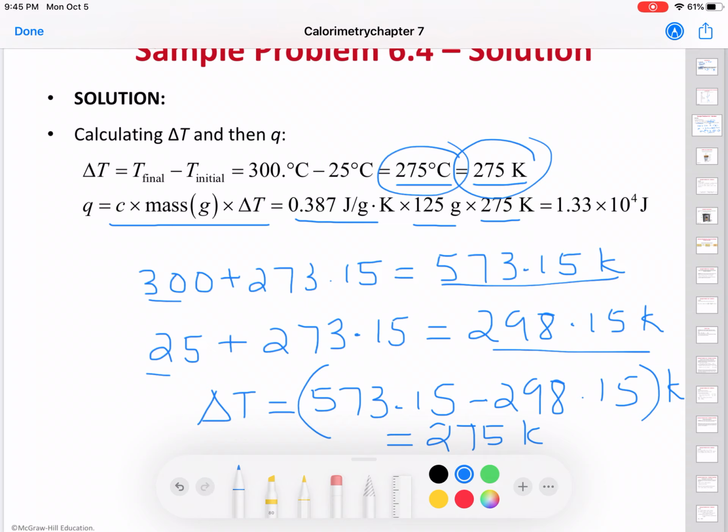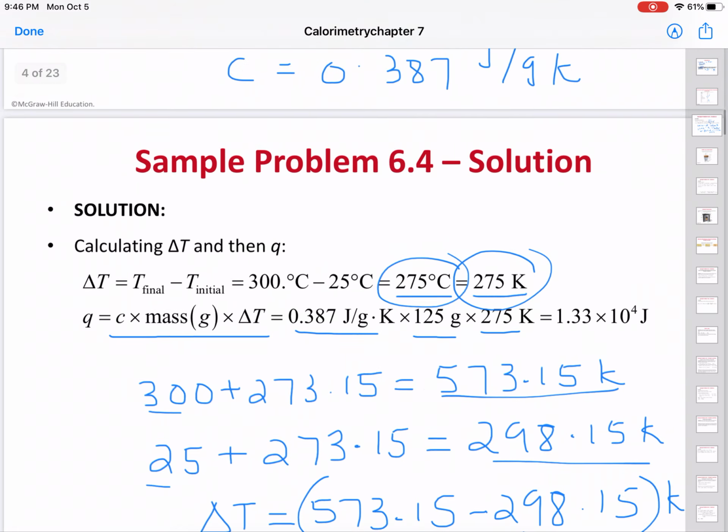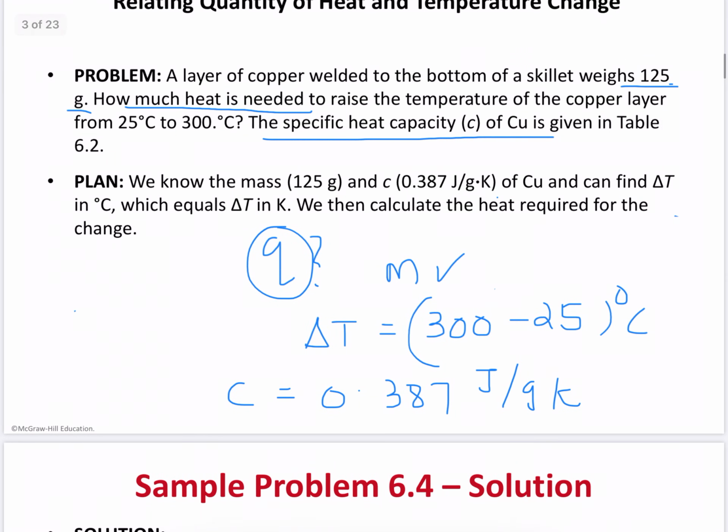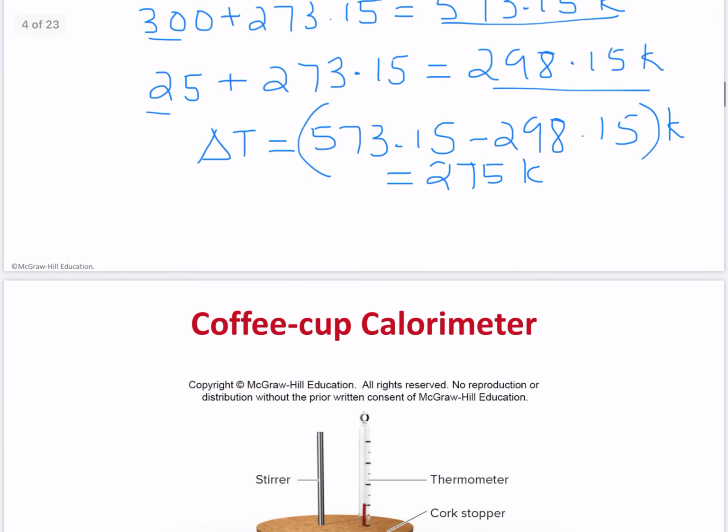So you multiply all these three to find out the Q, which is 1.33 times 10 to the power 4 joules. So that's how you calculate the heat required to raise the temperature of the copper layer from 25 to 300 degrees Celsius using Q equals mc delta T.